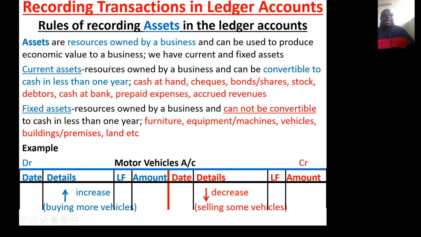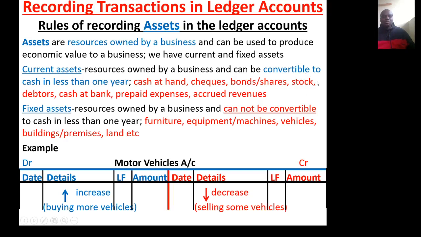Current assets are resources owned by a business and can be convertible to cash in less than 1 year. For example, cash at hand or in the cash box, checks, bonds or shares. When you invest in a company, you can sell them anytime or you can buy anytime. Stock. In our case here, we are talking about the tangible items that a business deals with.